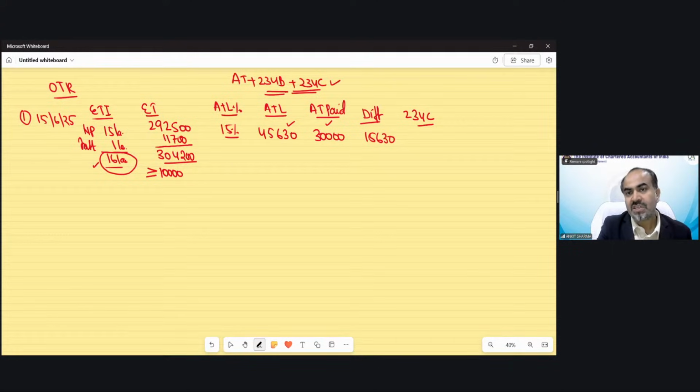So 234C is applicable. 234B we will check after all the installments we have paid. 234C needs to be checked on each installment and B needs to be checked after all installments are paid. So that's why we have to calculate 234C on each installment. The rate of interest is 1% per month.